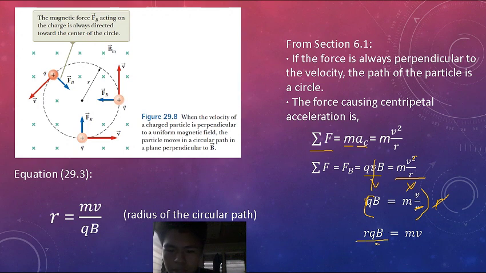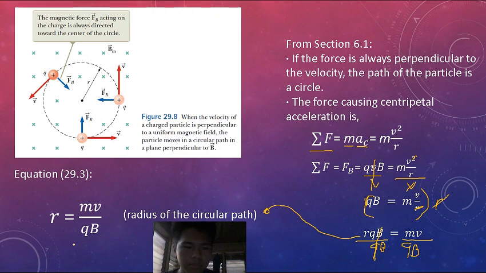And divide both sides by charge and the magnetic field. We can get the radius of the circular path of the particles. And that is our equation number 3.